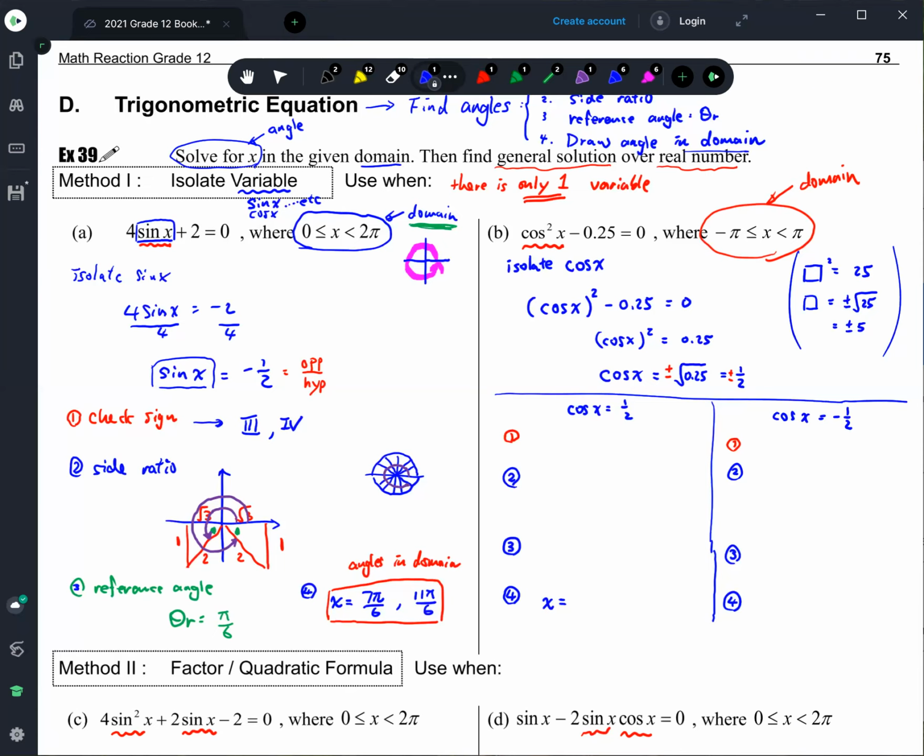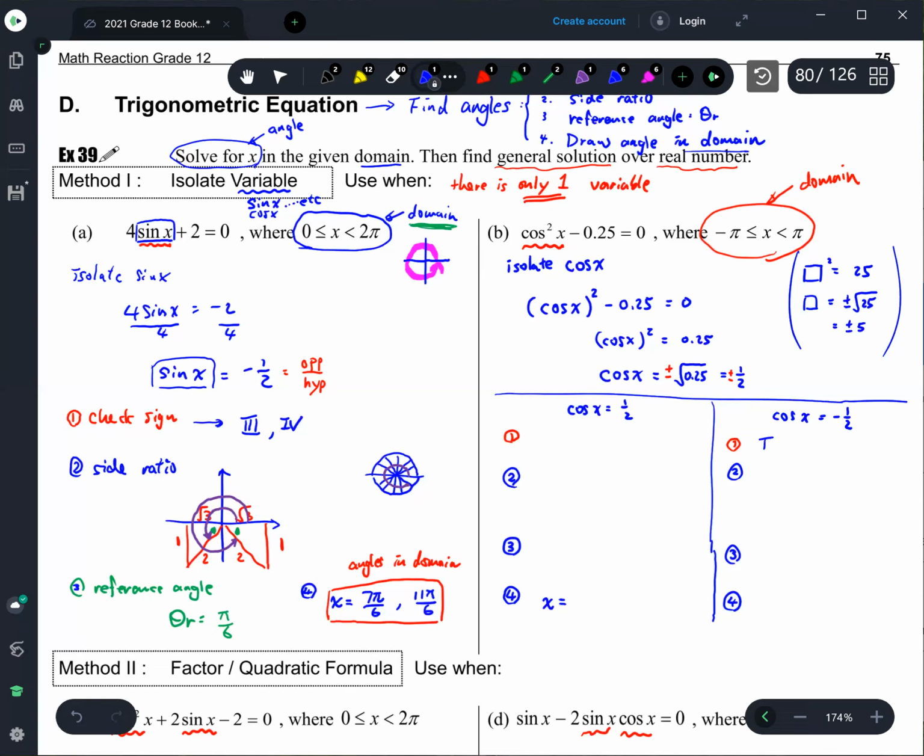Okay, Callum, can you tell us which quadrants the angles are in? Quadrants 2 and 3. How come? No, for the first one, quadrants 1 and 4, and for the second one, 2 and 3.